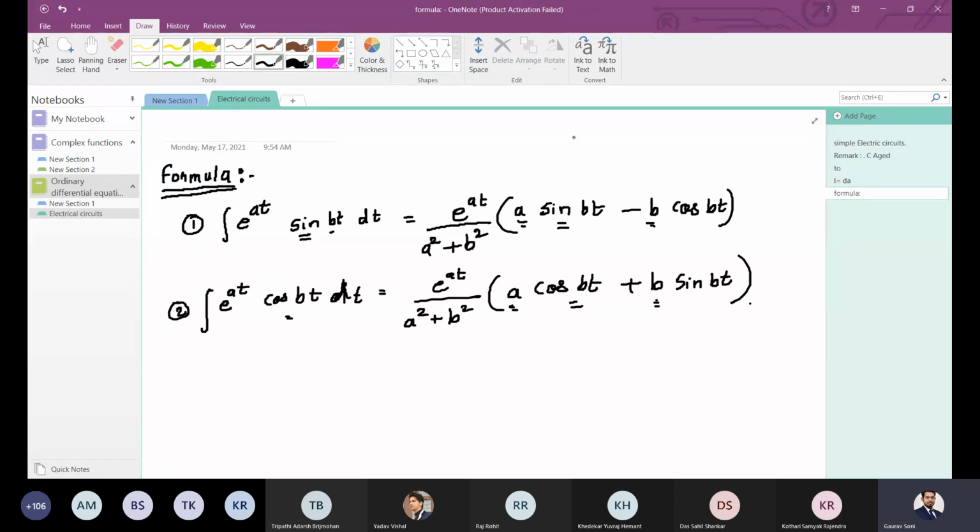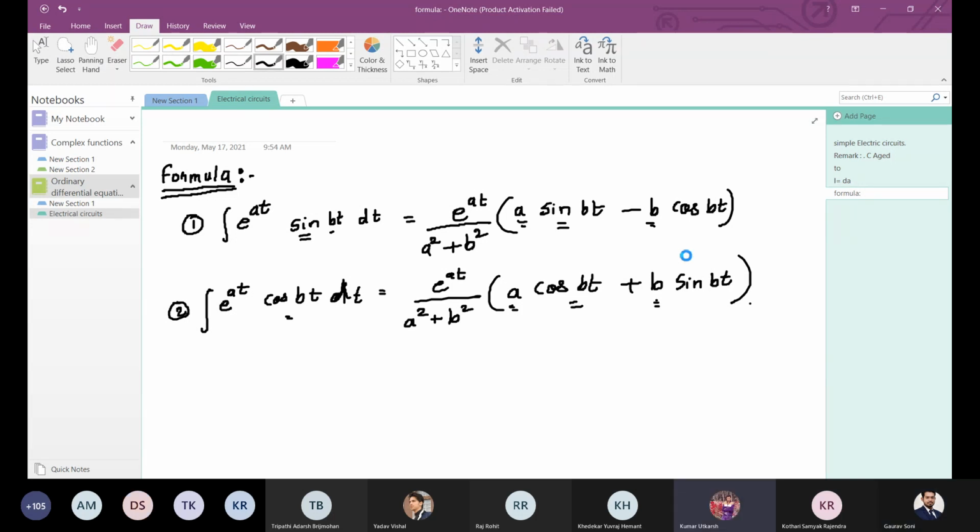How can it be modified? Say if I put a is equal to cos phi and b is equal to sin phi in the first formula, can you tell me what will be the change?